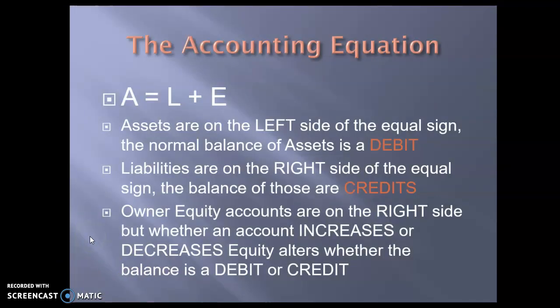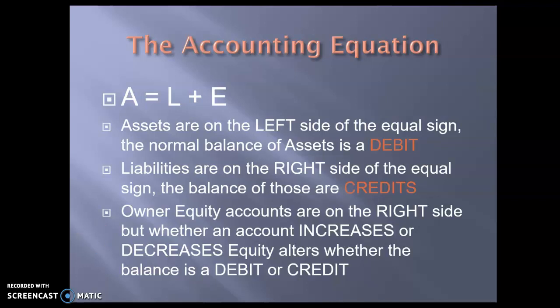Now, the accounting equation that we have talked about in previous videos is that assets equal liabilities plus owner's equity. And so we have assets, A, on the left side of the equal sign, while liabilities and equity are on the right side of the equal sign.